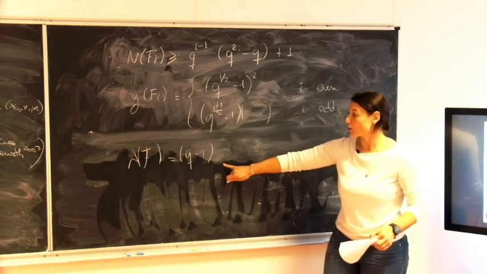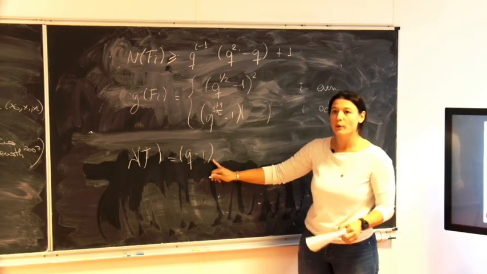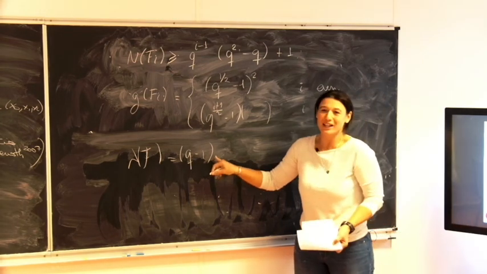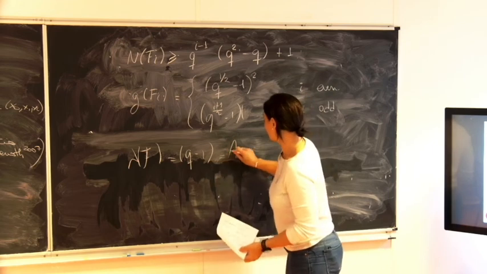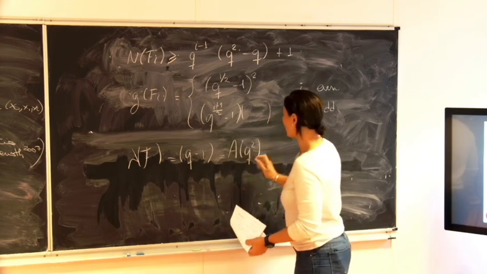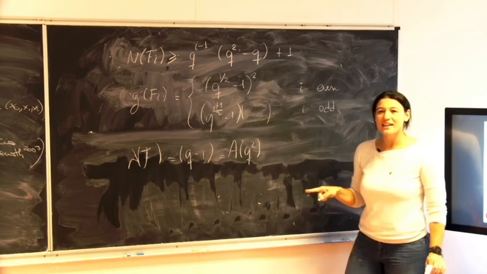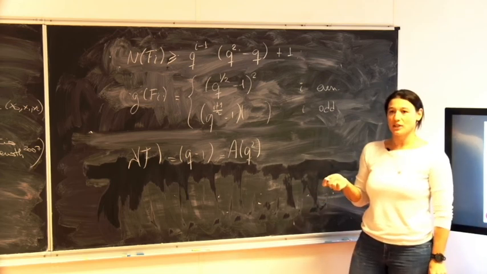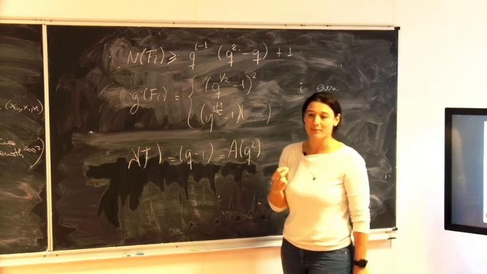And since I was looking at this tower over F_{q squared}, I know that this is exactly Ihara's constant. So this is not only an asymptotically good tower, but it's an asymptotically optimal tower.